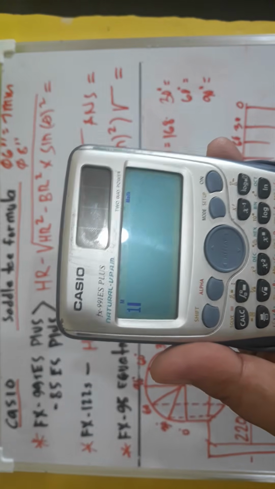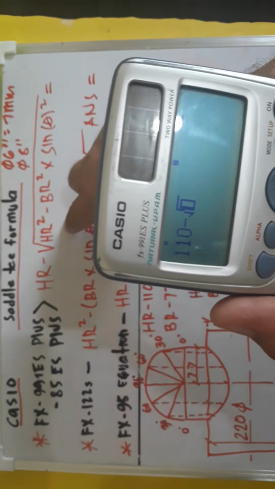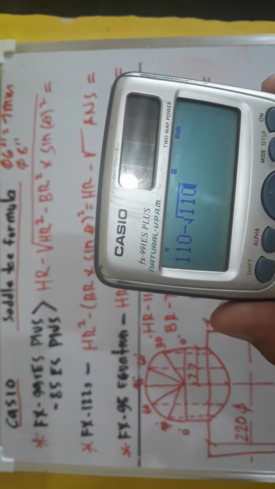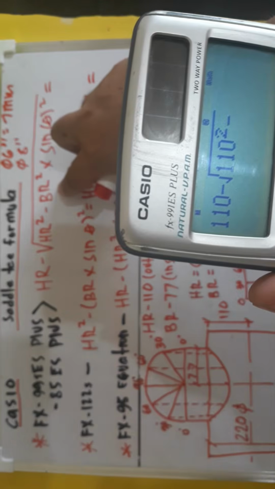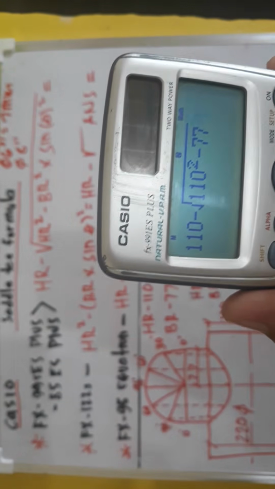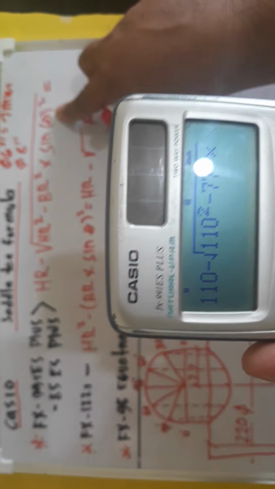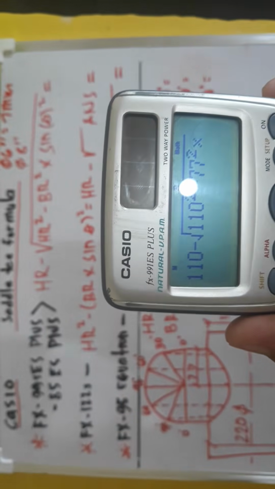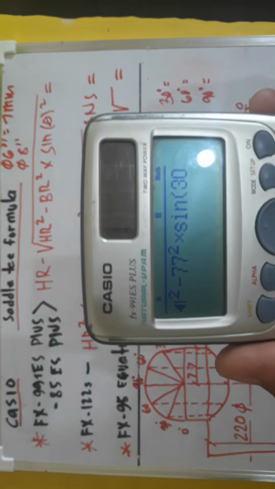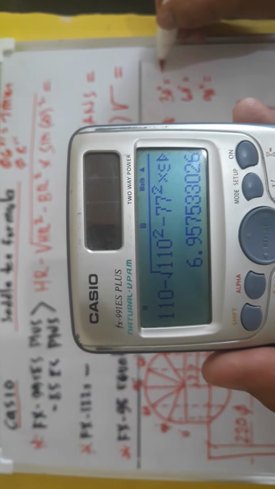So let's put the 110, then minus the square root of header radius 110 squared minus the branch radius, the inside, of 77 squared, times sine theta, which is we use this 30 because 0 is nothing, times sine theta 30 degrees, then you have to close, then squared, equals. So the answer is 7 mm, 6.9 or 7.